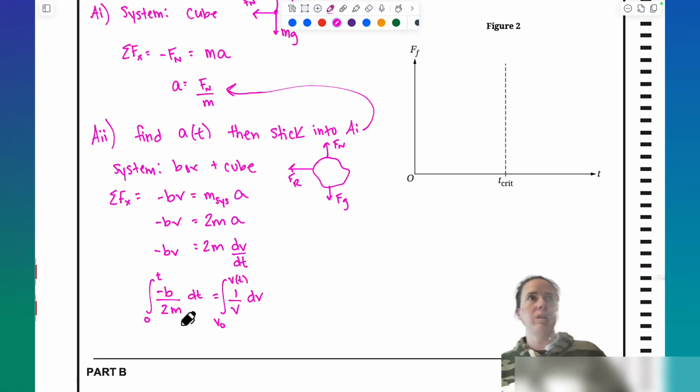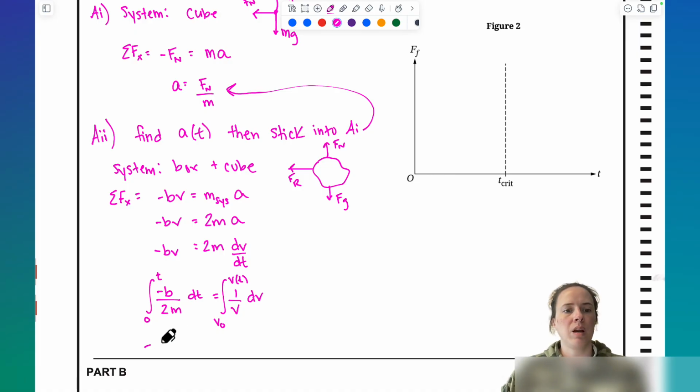If I do the left side, that's going to give me negative b over 2m times t. If I integrate the right side, 1 over v integrates to the natural log of v. I'm going to evaluate that from v naught to future v of t.